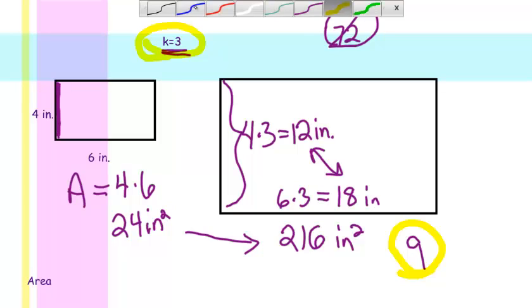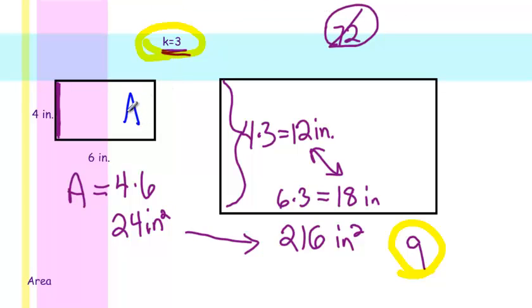Well, it turns out that if I have the area here and I want to find the area there, the area of the original small rectangle times the scale factor squared is going to be the area of your new rectangle.